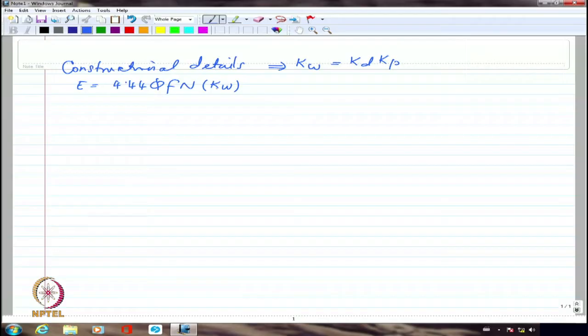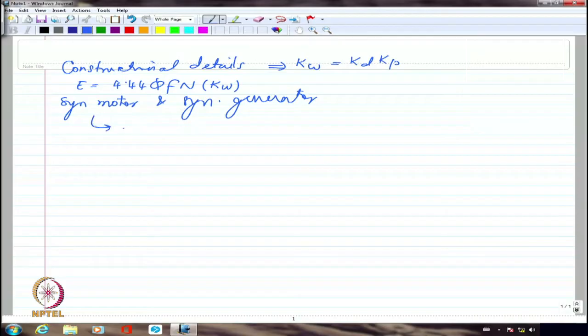After this, we actually looked at the basic principle of operation of synchronous motor and synchronous generator. So, we said that synchronous motor we are going to have doubly excited. So, it is going to be excited from both the armature side as well as field side.